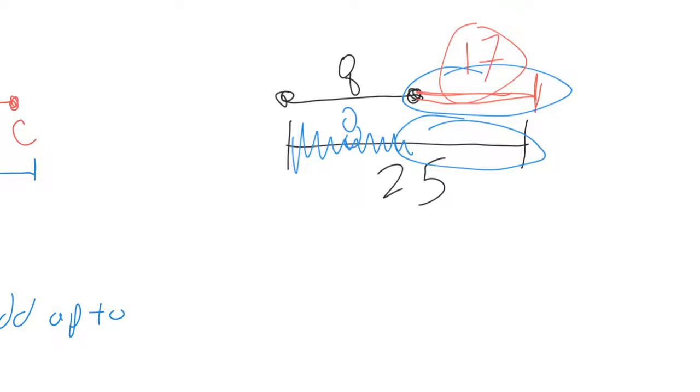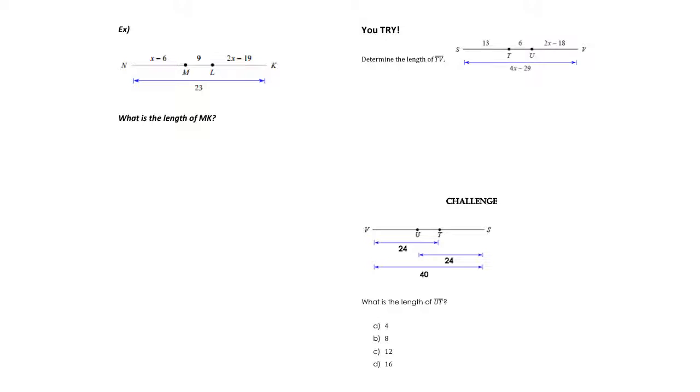So let's look at an example on the inside left here. I'm given a line segment and I want to find the length of MK. First of all, MK is just from here to here.